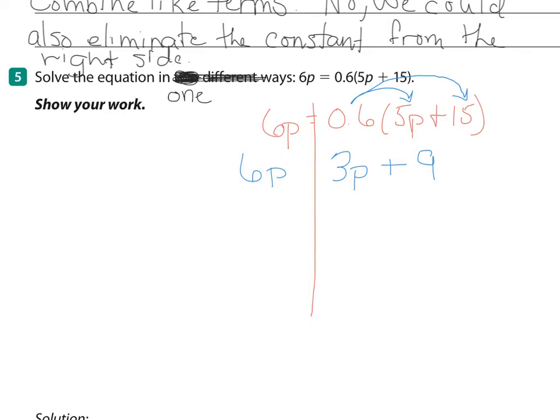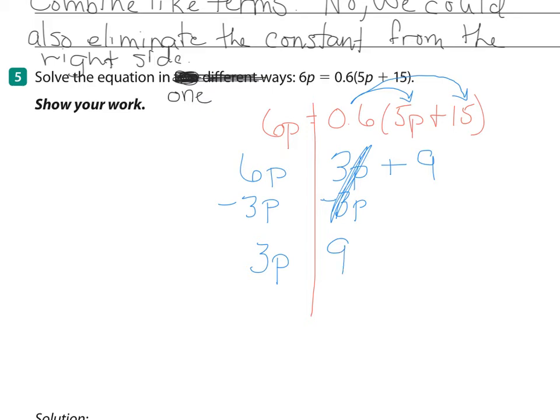Second step is combine like terms on either side. There are not like terms on either side that I can combine. Step 3 is move the variable term from one side to the other side. So in this case, I'm going to eliminate the 3p from the right side by subtracting 3p. If I do that to one side, I have to do that to the other side. So I eliminate it from the right-hand side. 6p minus 3p leaves me 3p equal to 9.